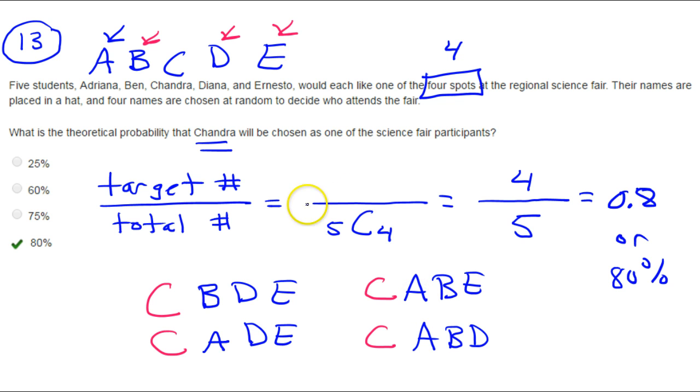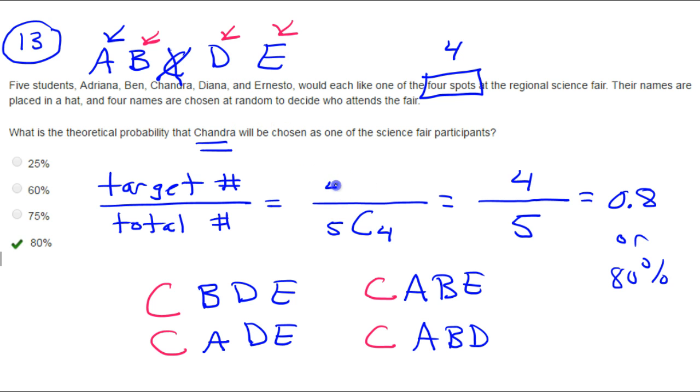Alright, just as a side note, if you wanted to do it as a combination, once you eliminate Chandra from the guessing, because she's automatically in, once we eliminate Chandra, we have 4 choices left for students, and we are choosing 3. 3 remaining spots.